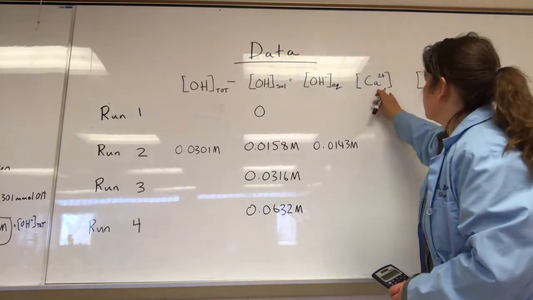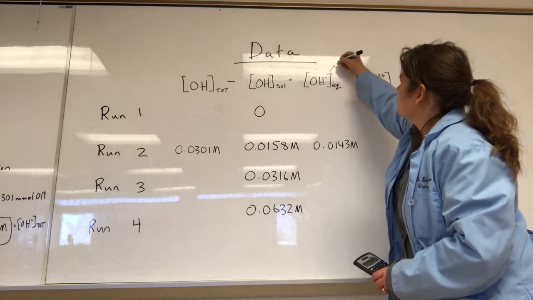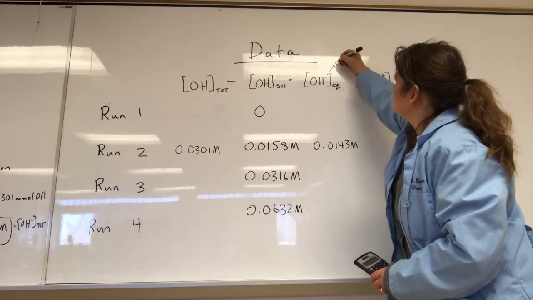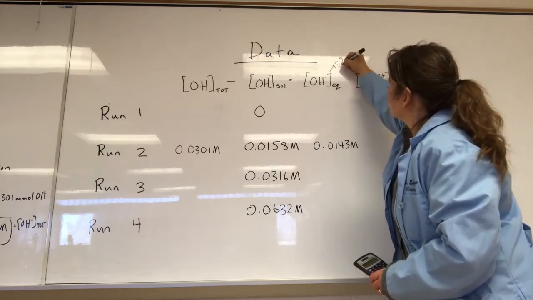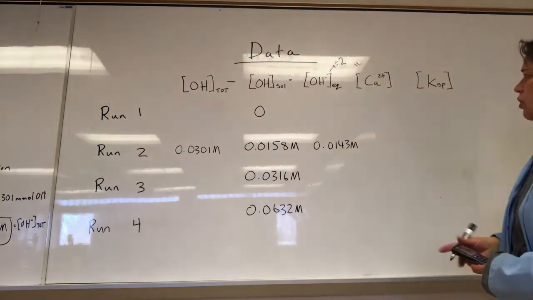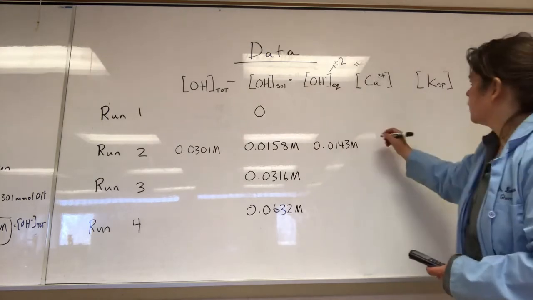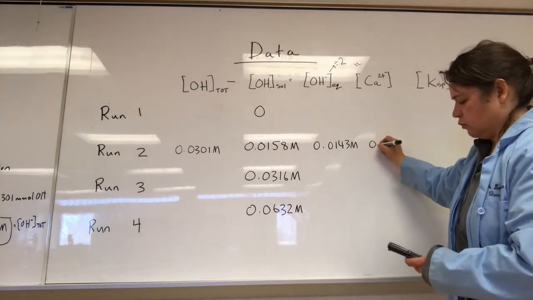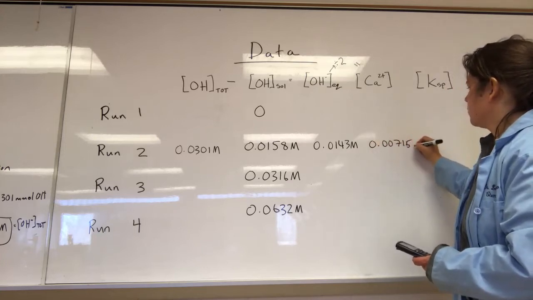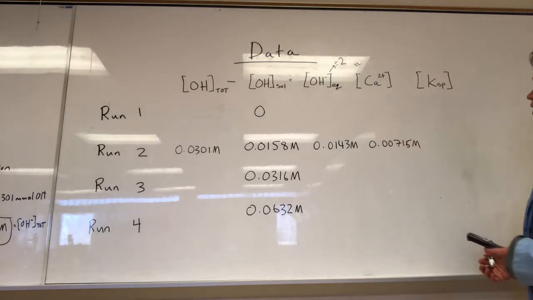To get the calcium then, we would take and divide this number by 2 to get the calcium ion concentration. So we would take 0.0143 and divide that by 2. That gives me a calcium concentration of 0.00715 molar. At this point, probably better to use scientific notation, but anyway, that's what it is.